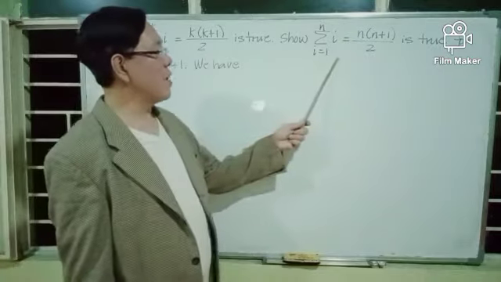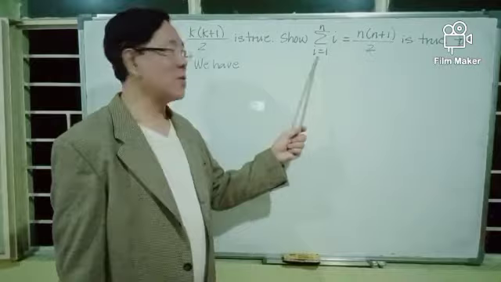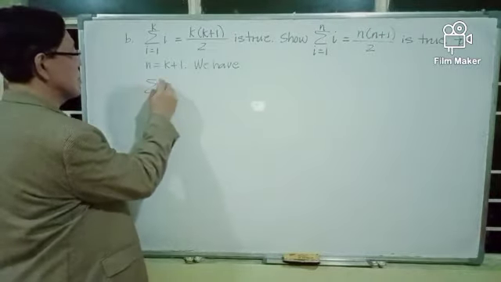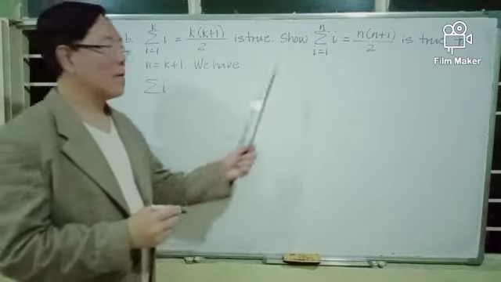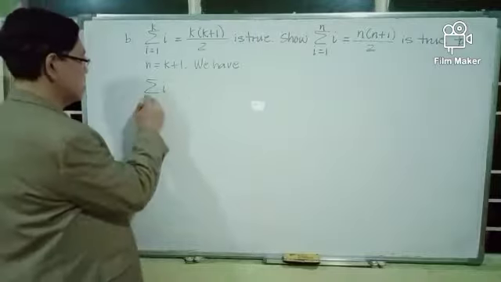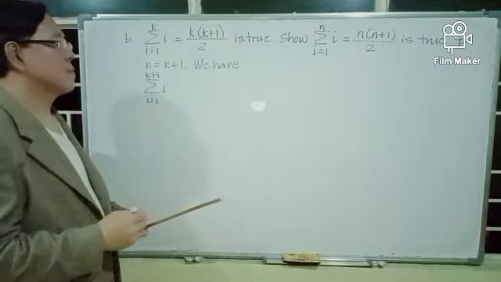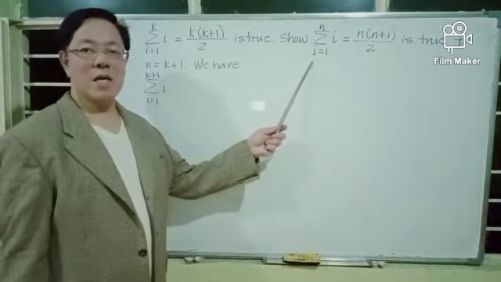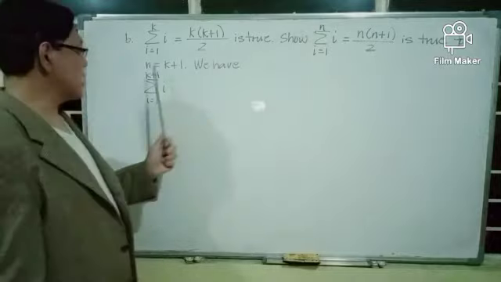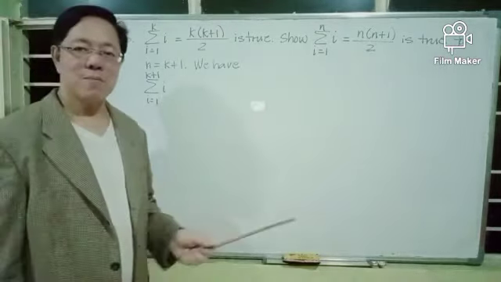We start from the left-hand side. We have the summation of i is 1 to n, and in part B we take n equals k plus 1, and we expand this summation.